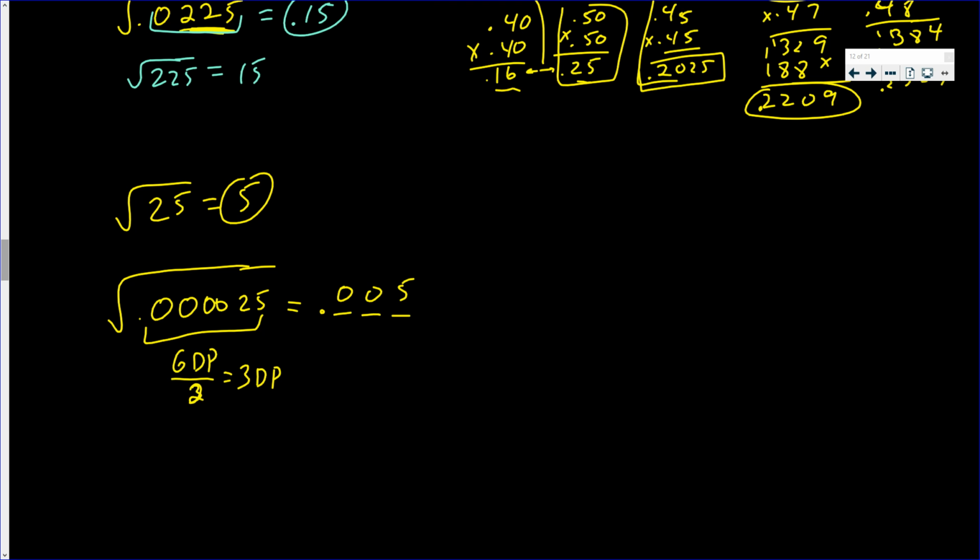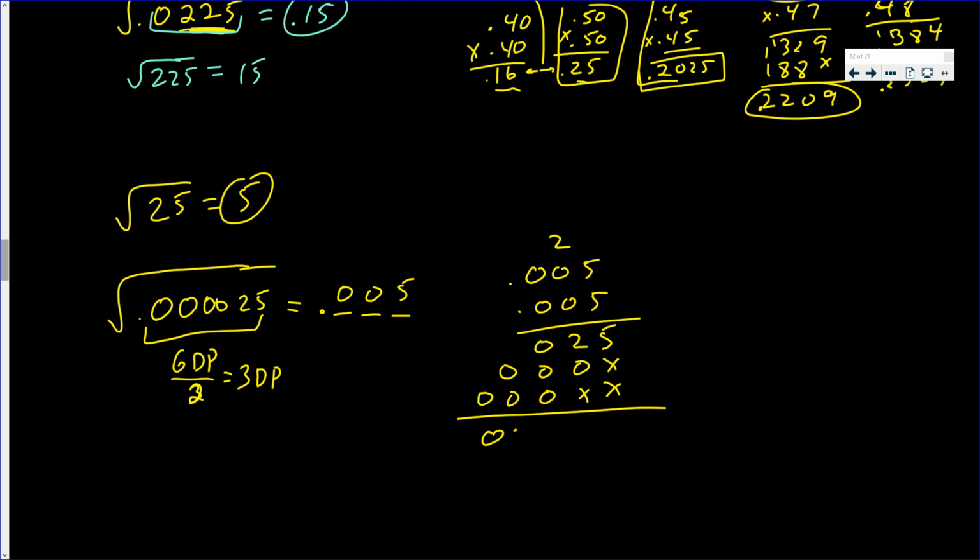So there it is. And again, we can check this. 5 times 5 is 25, 2, 0, 0, 0, 0. You can put in all the zeros you want. The bottom line is you have to move in 3 places plus 3 places, 6 places.